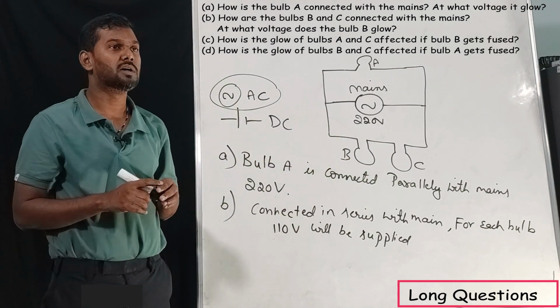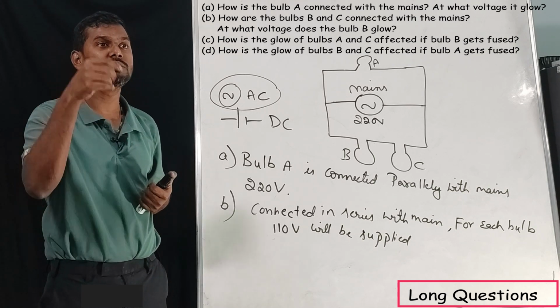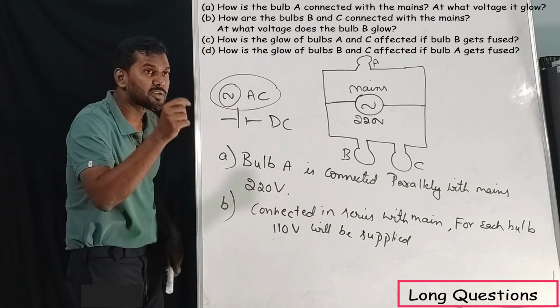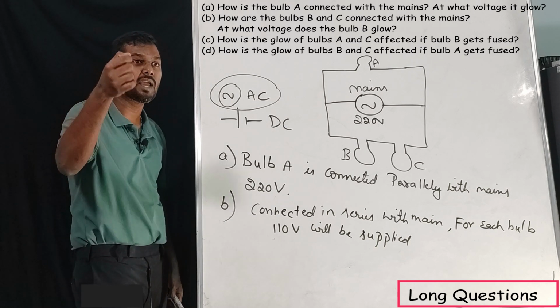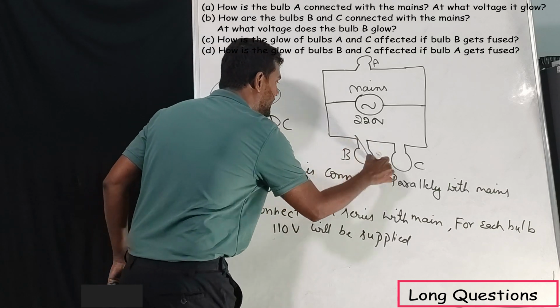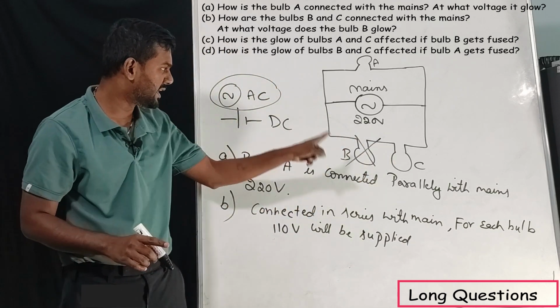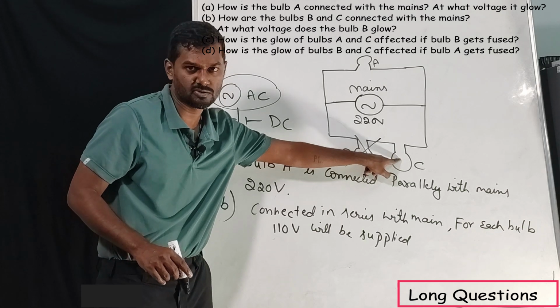Now, how is the glow of A and C affected if B is fused? Listen. How is the glow of A and C affected if B gets fused? B gets fused means B gets damaged. Assume this gets damaged. We know in series connection, if this gets damaged, there will be no power for this one.